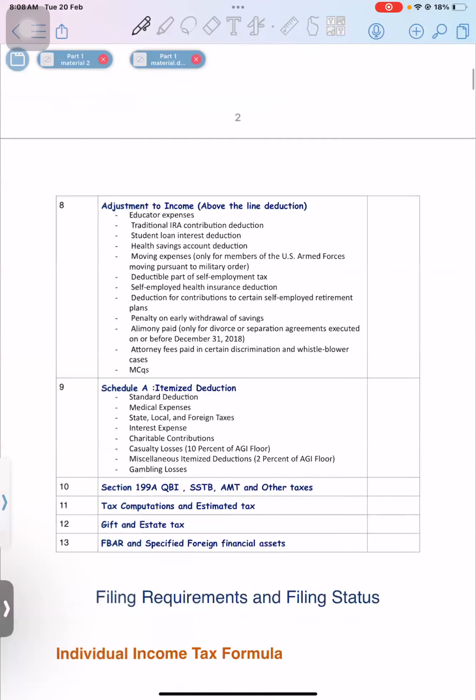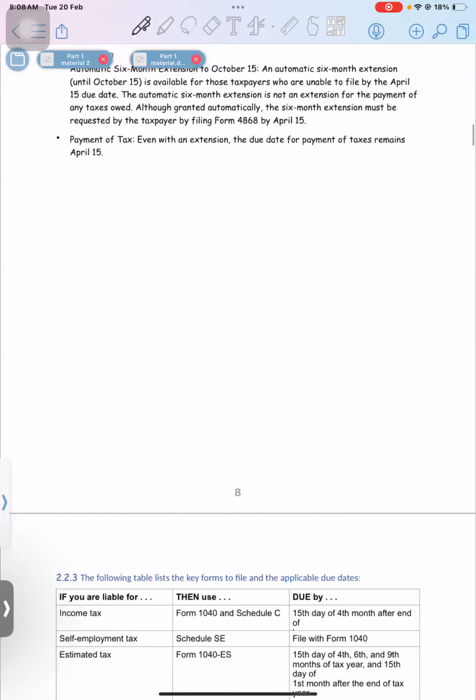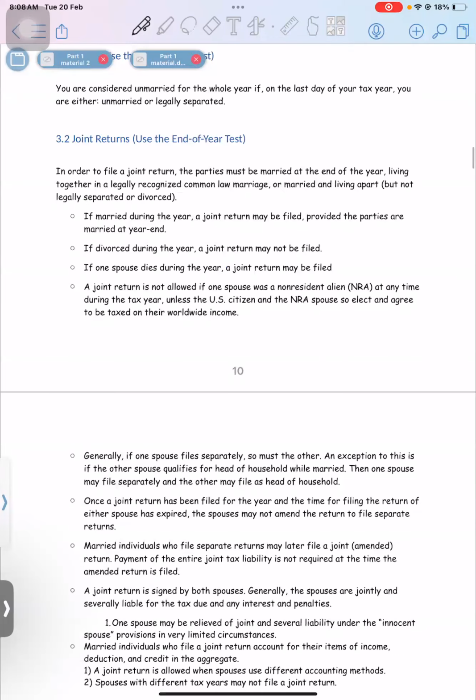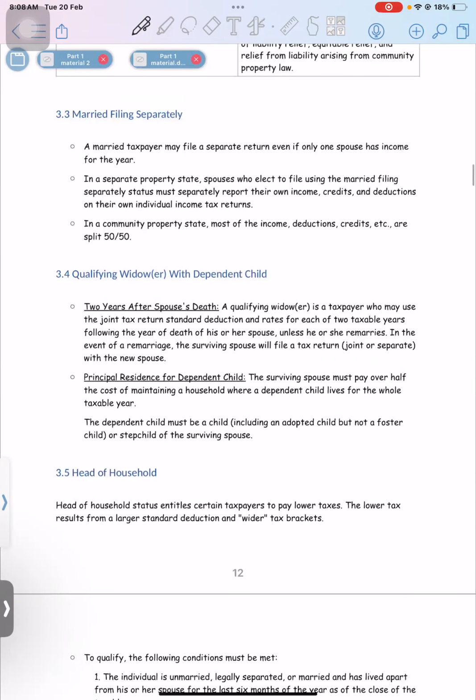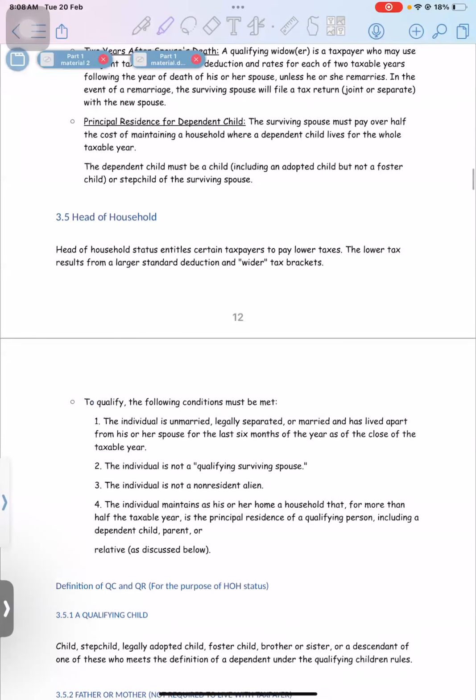All right. Coming back to our topic, now I can easily write it and explain it. In case of HOH, just remember, for QSS and HOH, there is only one simple difference. For QSS, you should have a qualifying child who should live with you for the whole year.